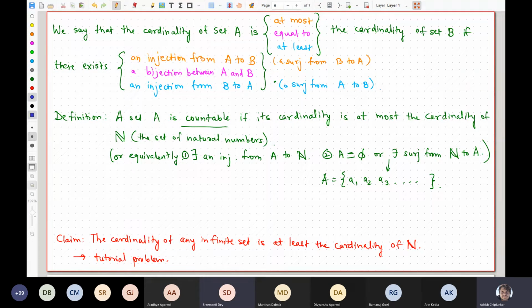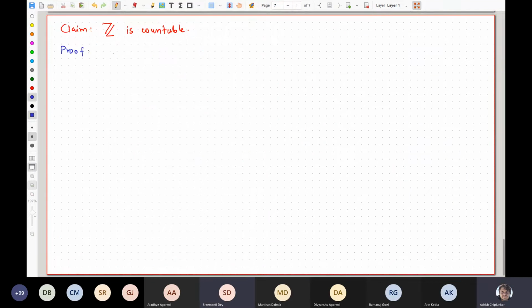Suppose we define f from Z to N such that it is minus n when z is negative, plus n when z is positive, and 0 when z is 0. Okay, let's say f of n is minus n if n is less than 0, and equal to n otherwise. Is that fine?